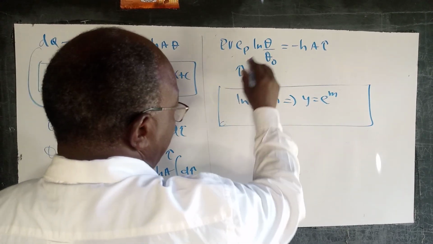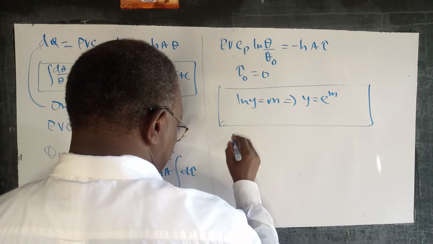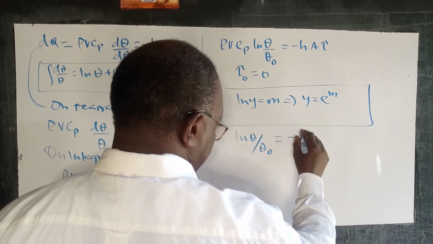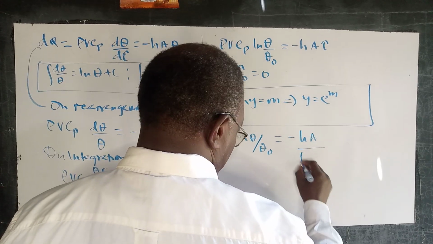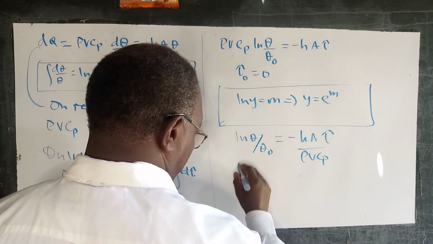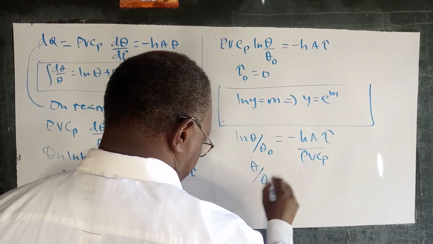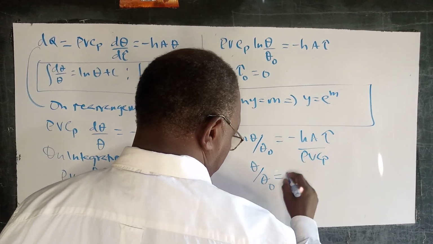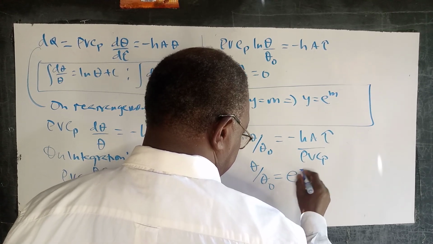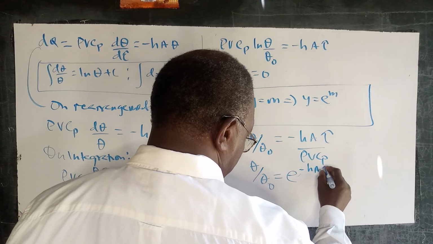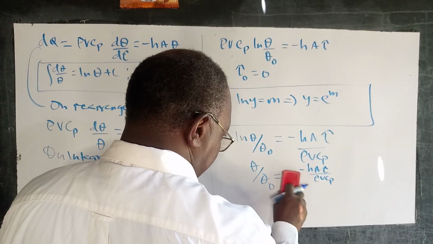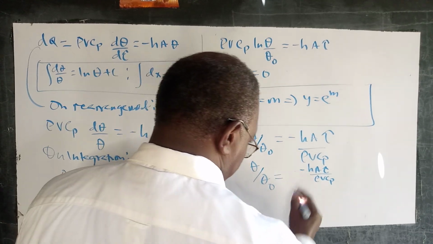The natural log of theta over theta naught is equal to minus H A over rho V Cp times tau. Therefore, we have theta over theta naught is equal to e to the minus H A tau over rho V Cp. This e needs to be a little bit up to show that it's an exponent raised to that power.